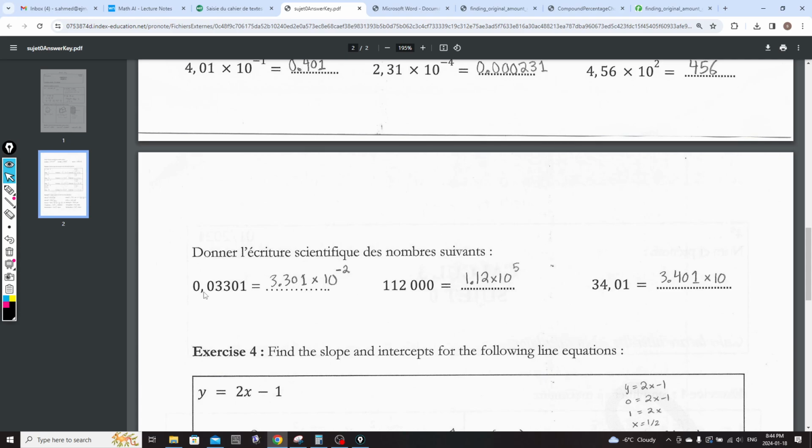So for instance, I'm going to take a look at this decimal point and say, well, how can I move it to make it so that this value is between 1 and 9.99? Well, let's check it out. If I move it to the right once, that's not enough, right? I'm at 0.3. But if I move it to the right twice, I'm now at 3.3, so I'm at 3.301.